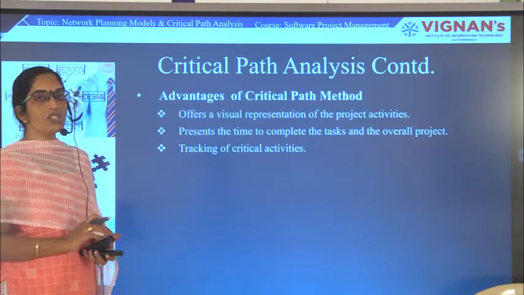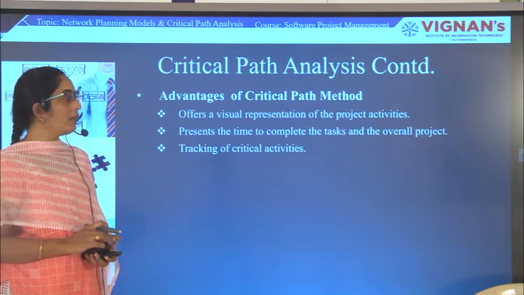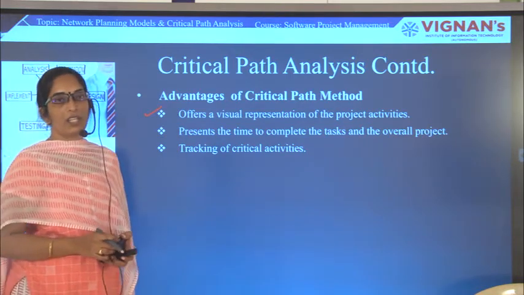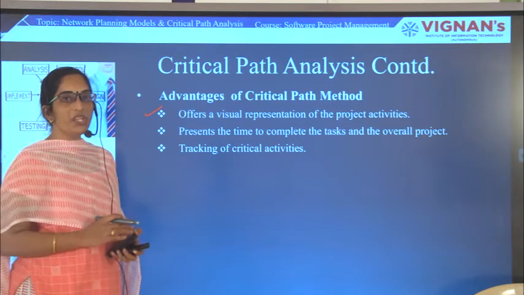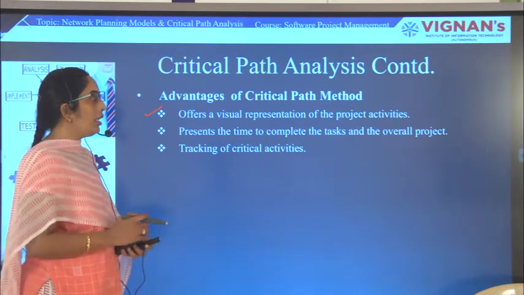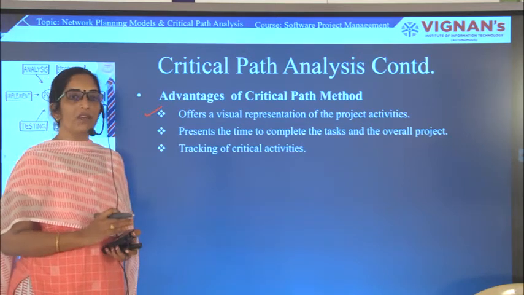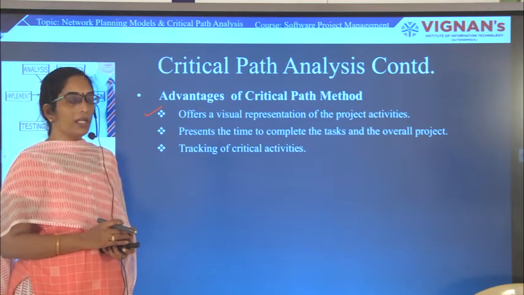The advantages of using this critical path method are: it offers a visual representation of the project activities. That means it has a clear picture depicting the activities involved in the project and how much time it will take to complete them.